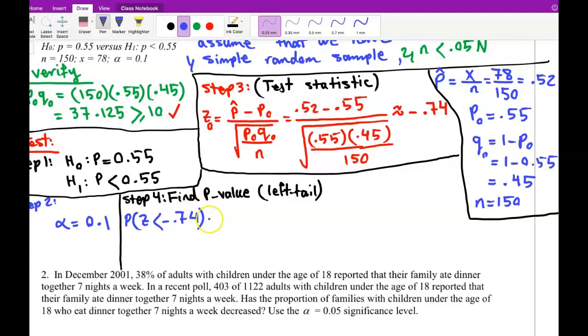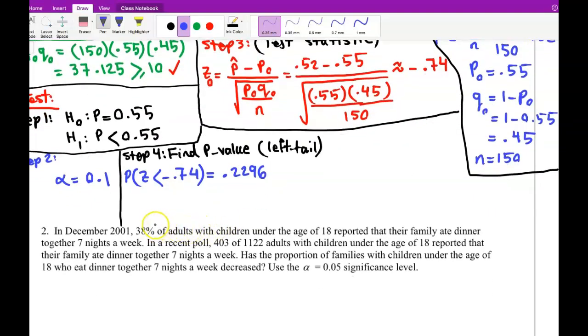Using the table, this is equal to 0.2296. So what we got, if I draw it, is this: z is negative 0.74, and the answer we got is for this part. So the area or probability is equal to 0.2296.